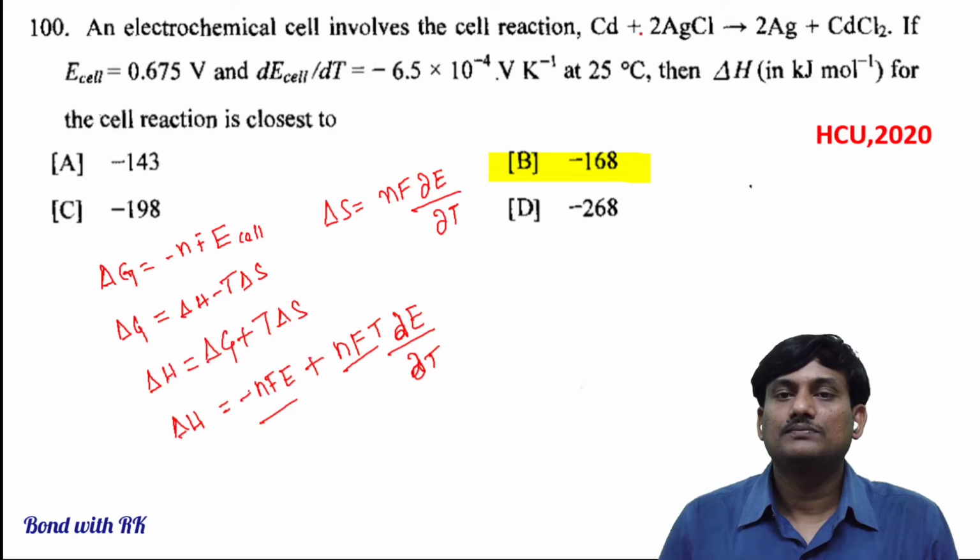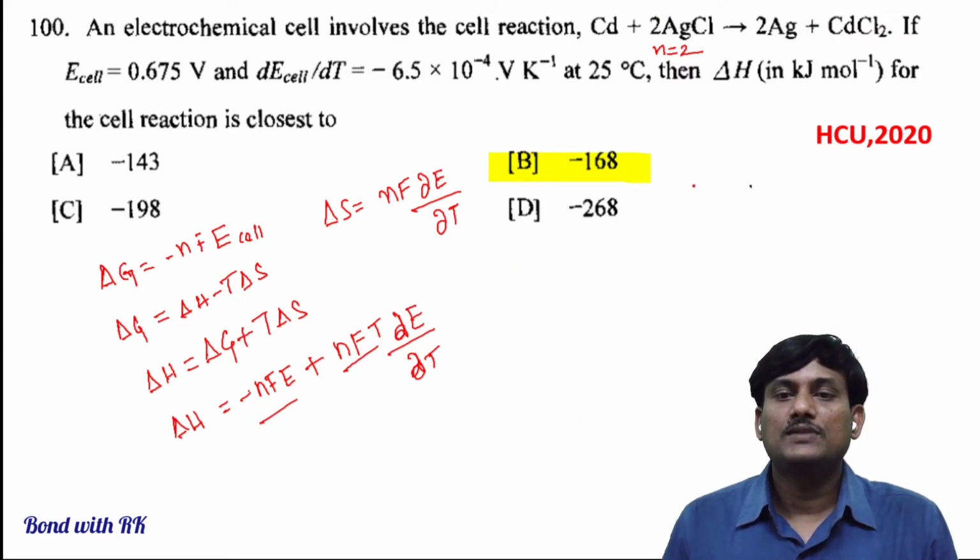Here in this reaction, the number of electrons which participated in the reaction is n equal to 2. Cadmium is converted into Cd2 plus, which means the number of electrons participated is 2.